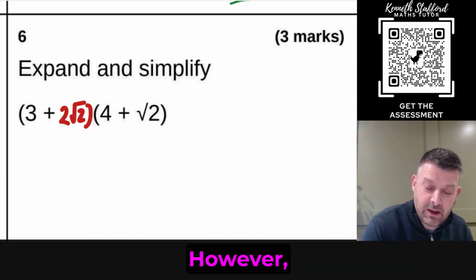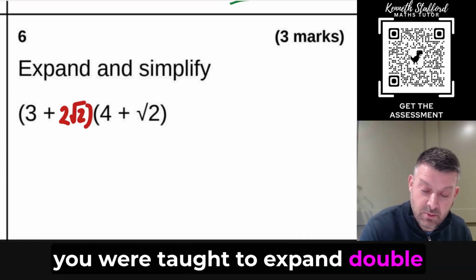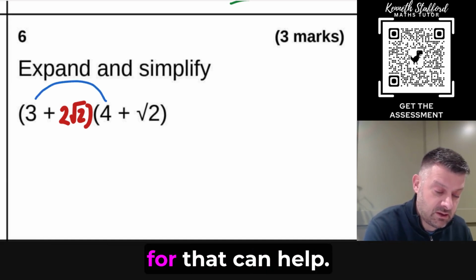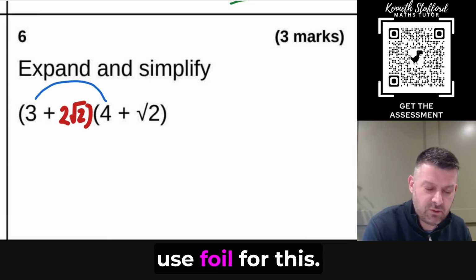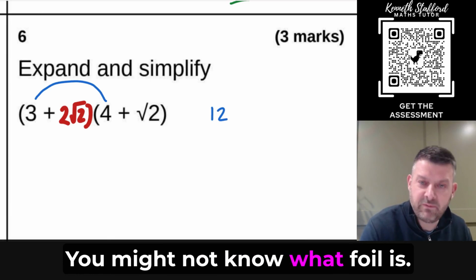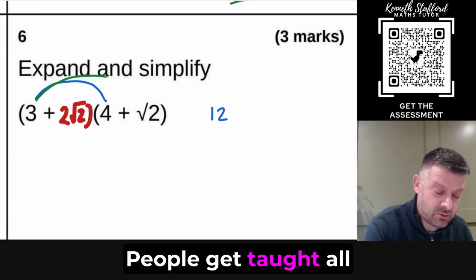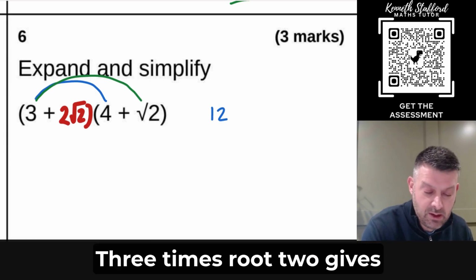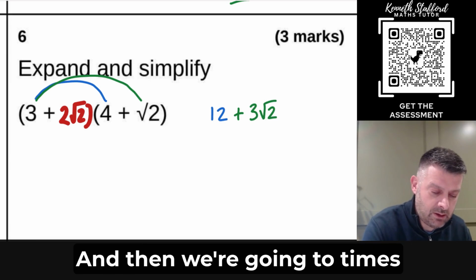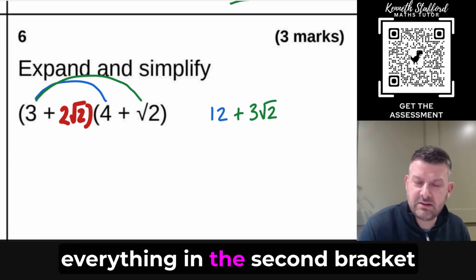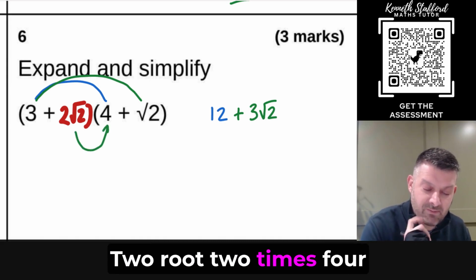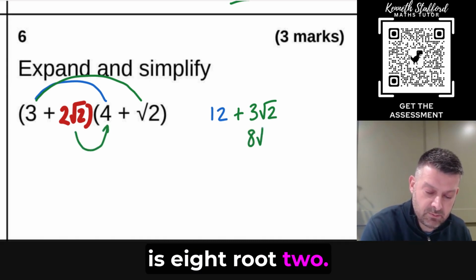And to expand this, however you were taught to expand double brackets, I quite like using the grid for surds. That can help, but I'm just going to use FOIL for this. So first times first 12. You might not know what FOIL is. People get taught all manner of ways. 3 times root 2 gives us 3 root 2. And then we're going to times everything in the second bracket by 2 root 2. 2 root 2 times 4 is 8 root 2.